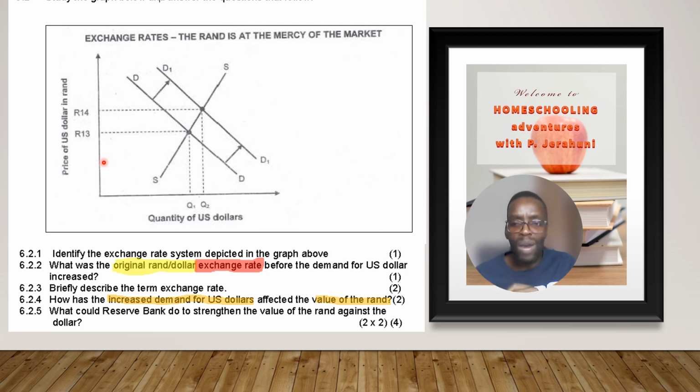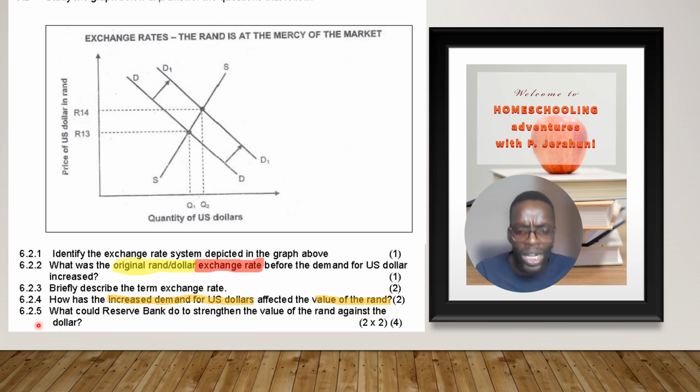So it means my currency is now worth less. If something is cheaper, it means you need more of that to get the same unit. So that's what it means here. Our currency is now worth less. That's why we need more rands to get the same US dollar. It's very, very important that you understand that. Well done. I know you have understood what I just said.